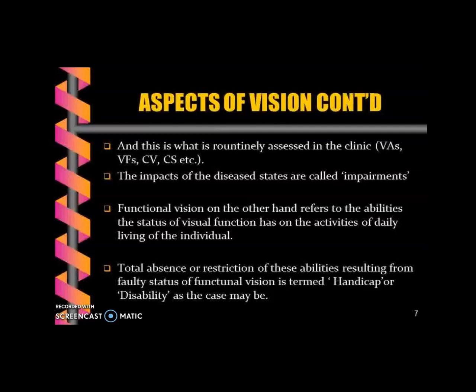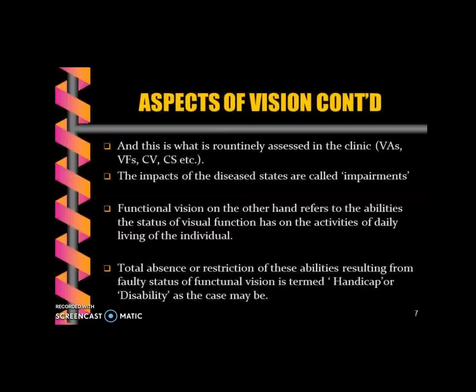The next one is the functional vision. On the other hand, it refers to the abilities the status of visual function has on the activities of daily living of the individual. What that means is the practical vision. So first is the visual function, how much you can see, what you can see, and then functional vision means this vision that you have, how does it impact on your daily living?